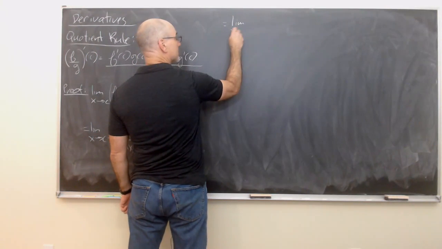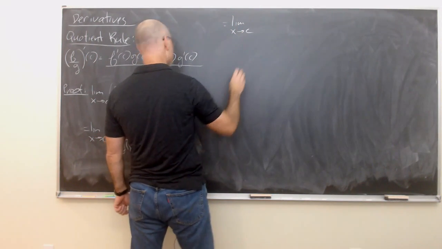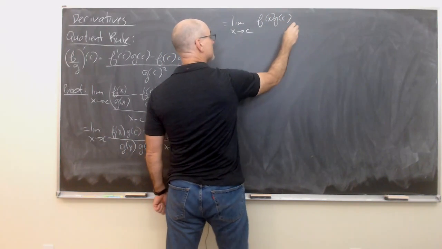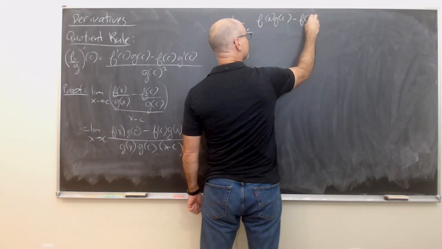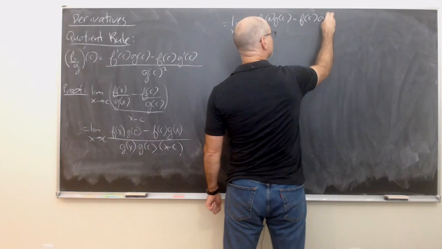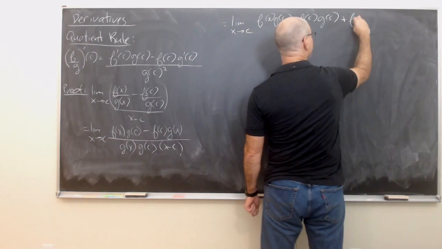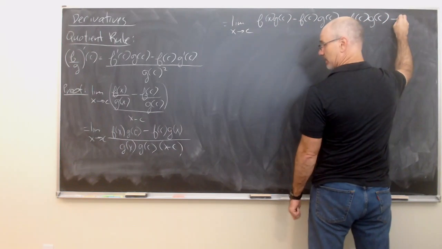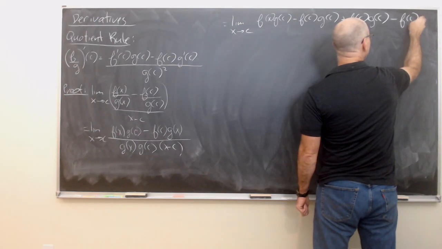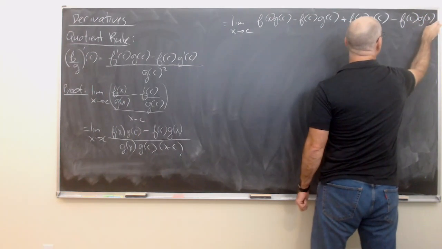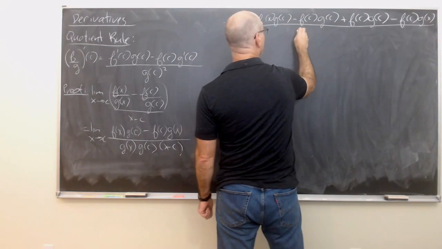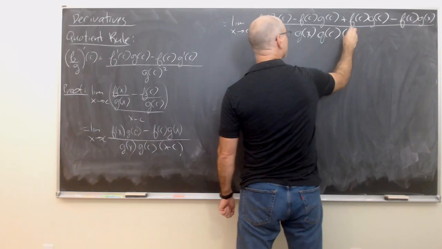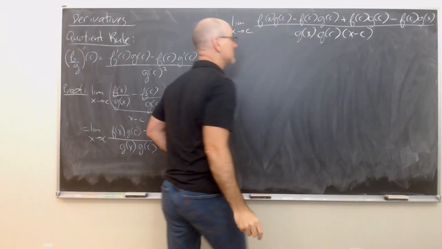And so this is going to become f of x g of c minus f of c g of c plus f of c g of c minus f of c g of x, all over g of x, g of c, x minus c.